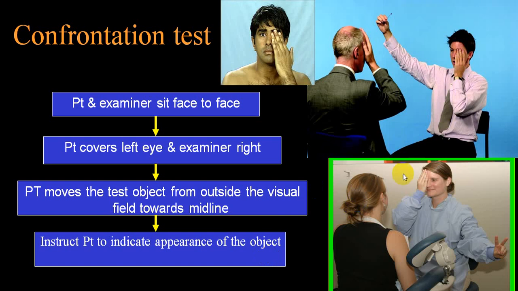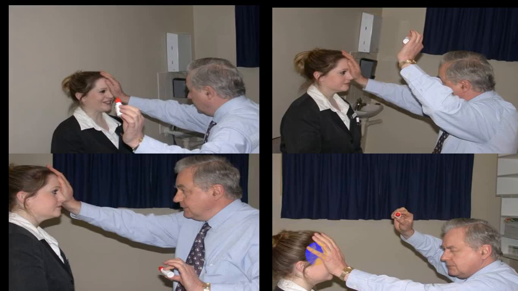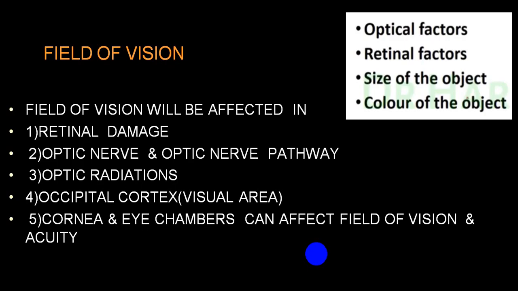At present, it will be difficult to explain. So when I'm personally taking a lecture, I'll be explaining that confrontation method. This is the way you do it. You have to move your finger in all different directions, all different quadrants, and ask the person when he can identify the moving object, that is the moving finger. So this is the technique which you use for confrontation method.